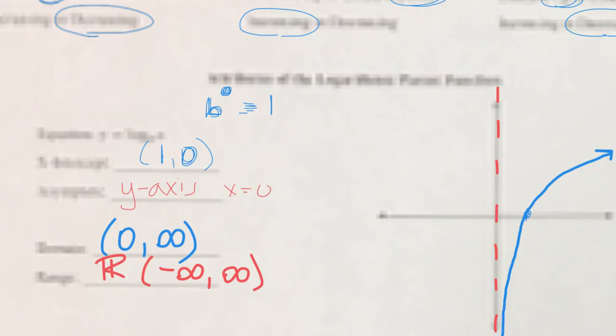So the range of your logarithm will always be all real numbers, no matter what happens to your function, whether it opens right or left, whether it's a reflection or whatever. But the domain will change if we have a horizontal transformation.